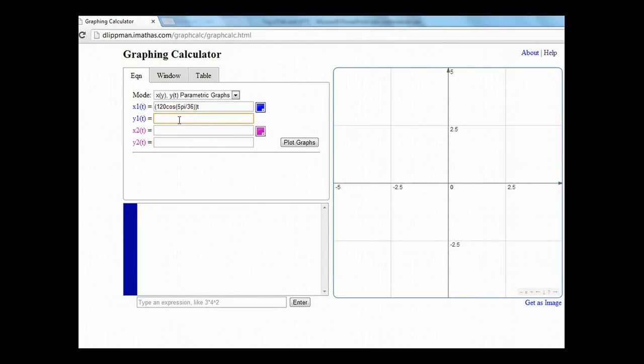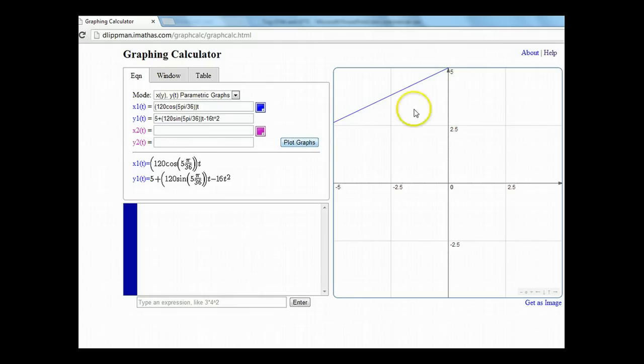My y was 5 plus, because this one started off the ground, remember, 120 sine of 5 pi over 36, parenthesis, t minus 16t squared. All right, there's my 2 equations.